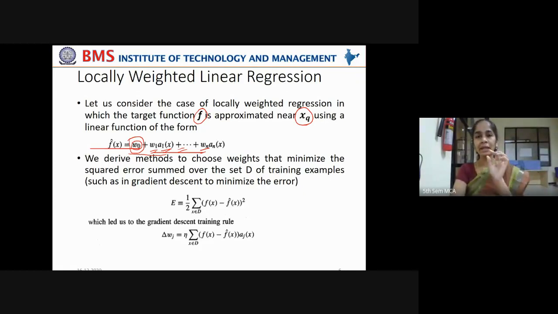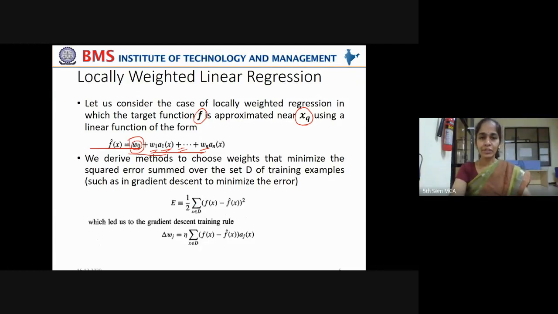I'm repeating again. When you have a prediction error, find the difference between the original value and the predicted value, square it, sum them up over all the training examples, and that will give you the total prediction error, right?